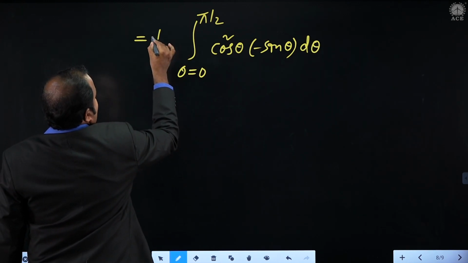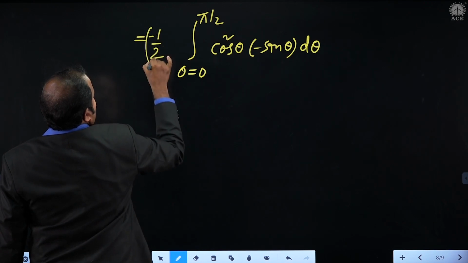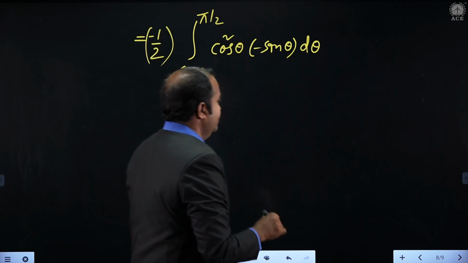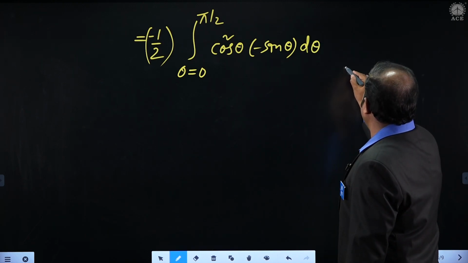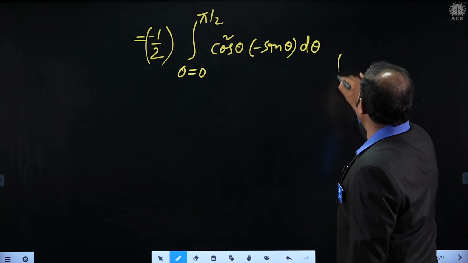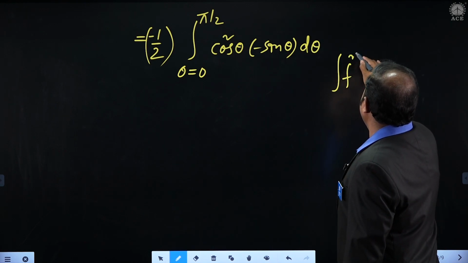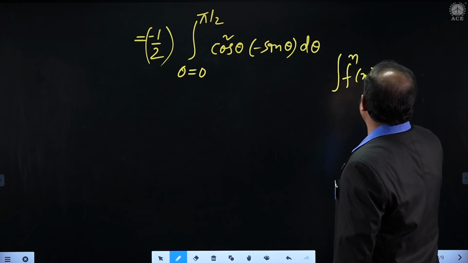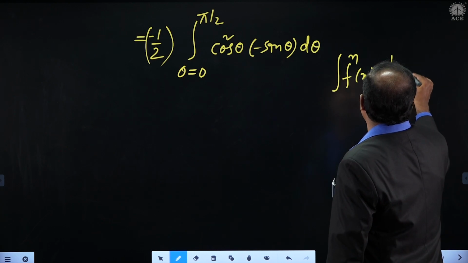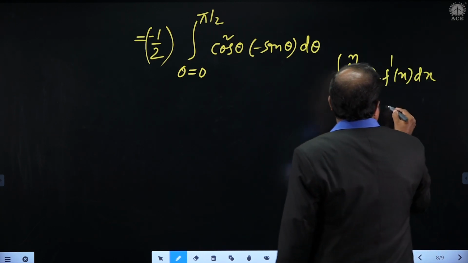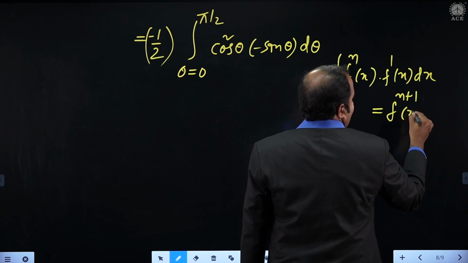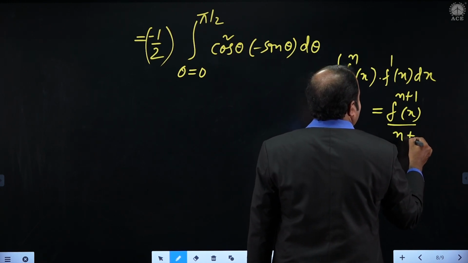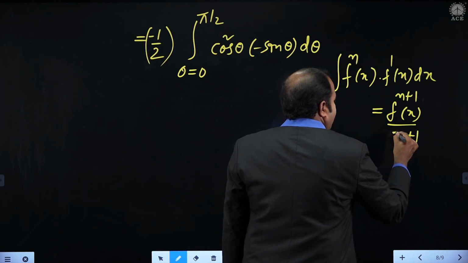So, here minus means this can be written as minus 1 by 2, because we have one standard formula. What is the formula? Integral f power n of x into f dash of x dx equal to f power n plus 1 by n plus 1, right.